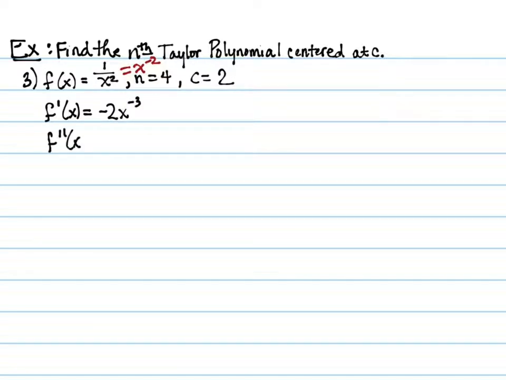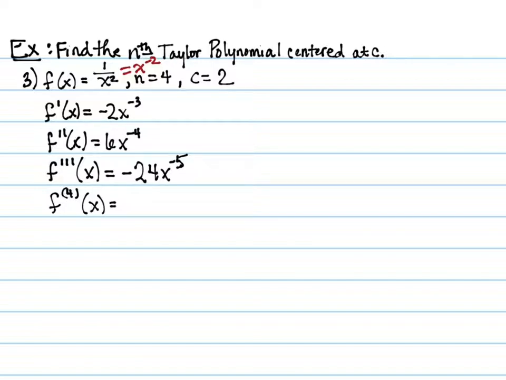Second derivative. 6x to the negative 4th. Third derivative. Negative 24x to the negative 5th. And a fourth derivative. I'll help you. That's 120: negative 24 times negative 5 is 120. x to the negative 6th.